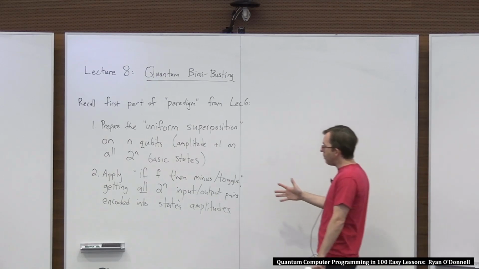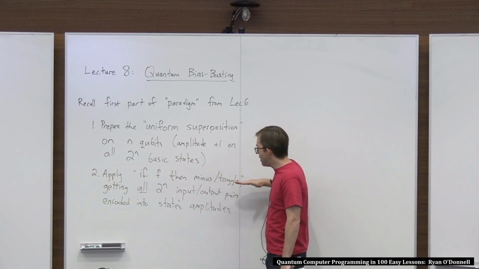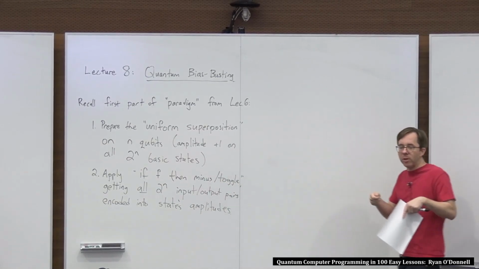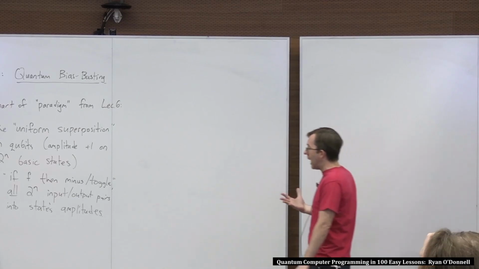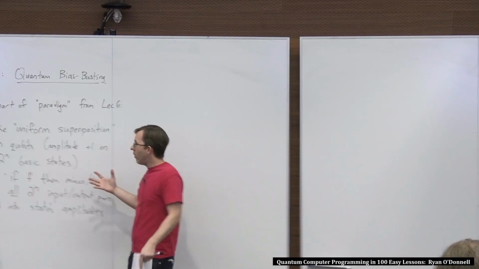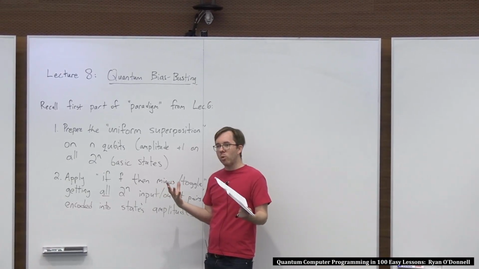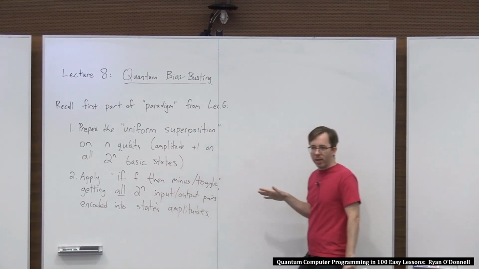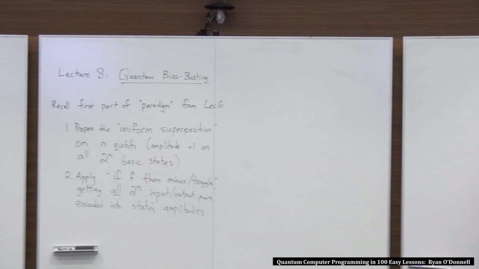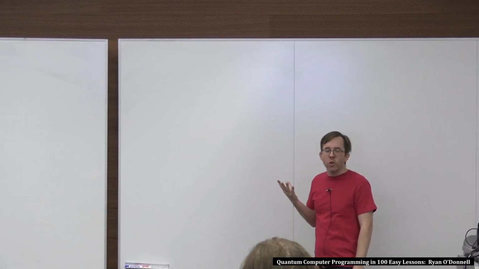And then step 2 of the paradigm is to now finally deploy your quantum code that can compute the function f you care about on qubits. And then by definition, when you do that, the state's amplitudes will encode all 2 to the n possible input-output pairs of the function f. And this is truly amazing.